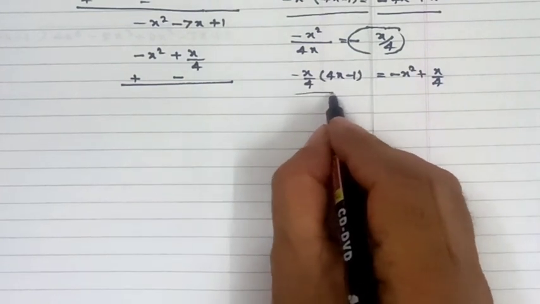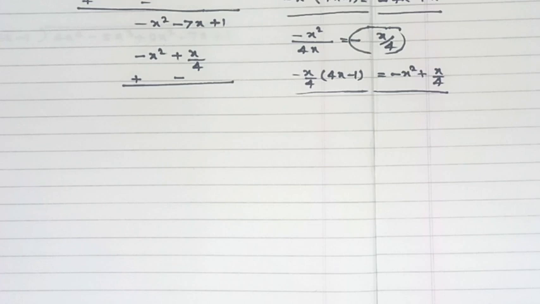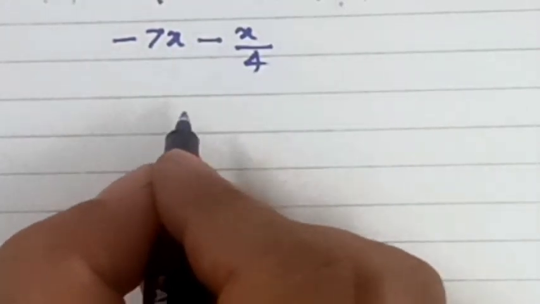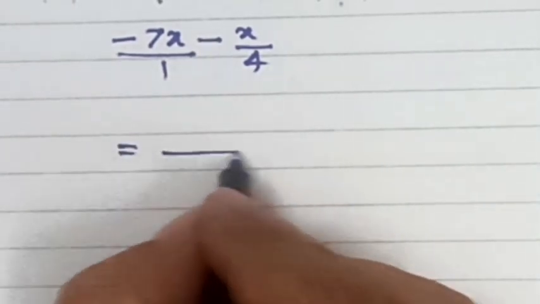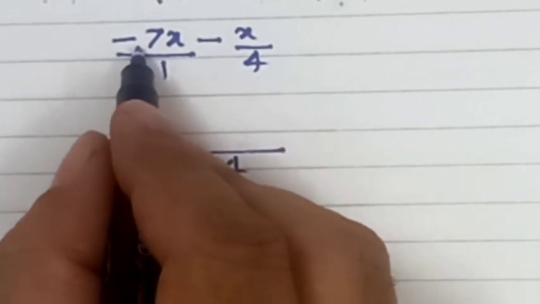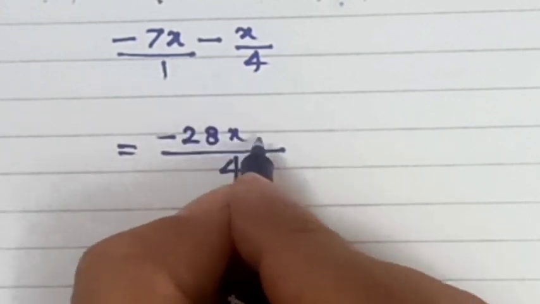Now this is slightly difficult job to subtract, so I'm just explaining you how you can do. You have minus 7x and you are subtracting minus x upon 4. So right here upon 1, your LCM will be 4. Now 4 into minus 7x will give you minus 28x.